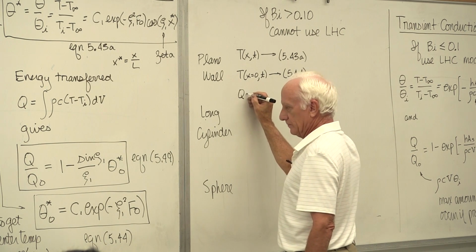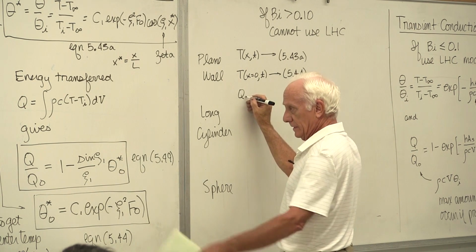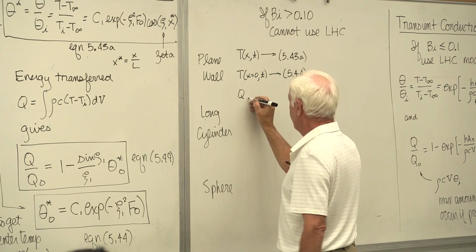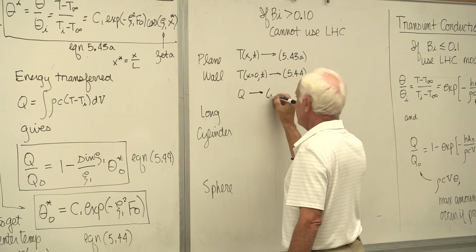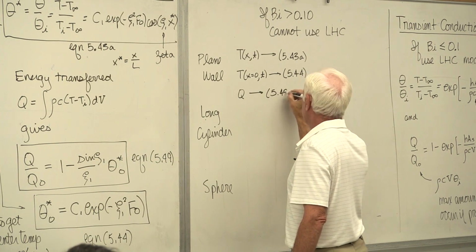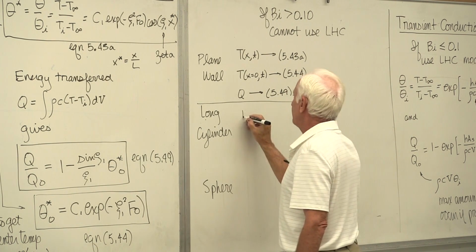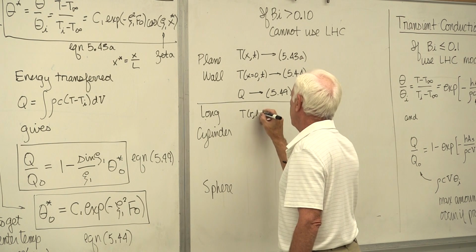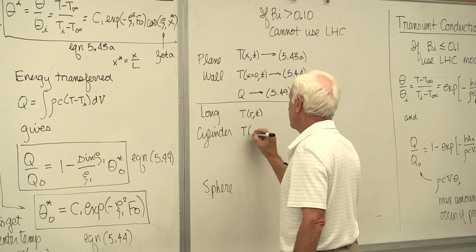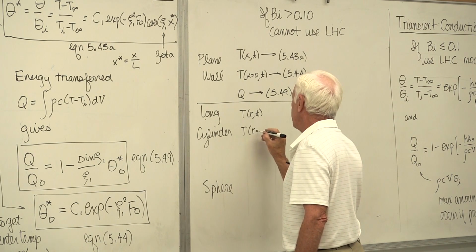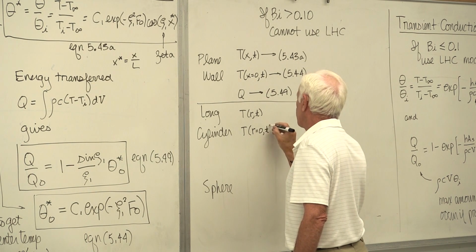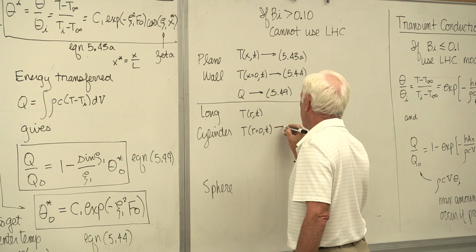Energy transferred, Q naught, or Q, equation 5.49. Long cylinder, any radius, any time. Center line of the long cylinder for any time.